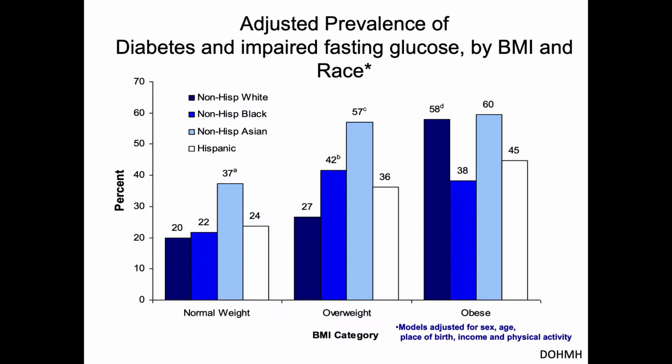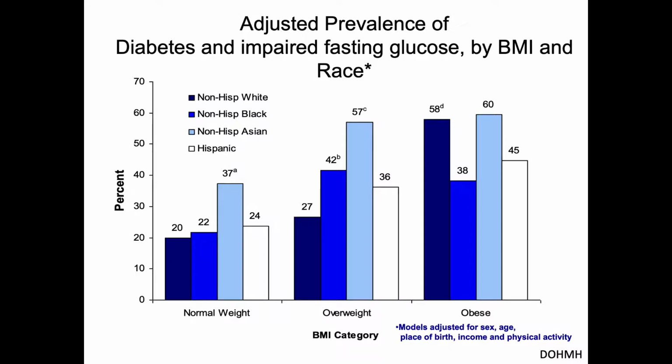Here we're looking at adjusted prevalence of diabetes and impaired fasting glucose by body mass index and race. This is just another example of using this data to look at different important subgroups. We can see that among normal weight people, there is a very high prevalence of diabetes and impaired fasting glucose among Asians.